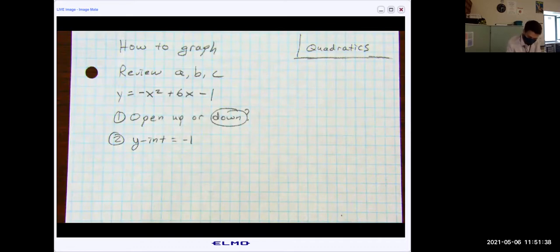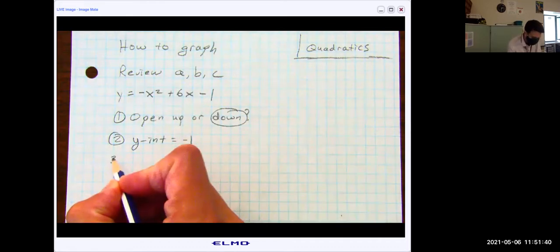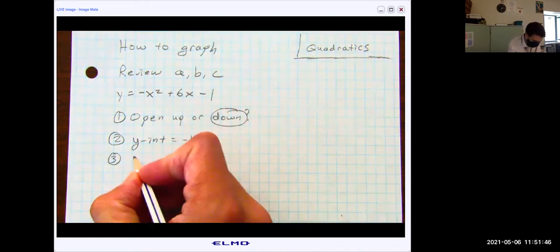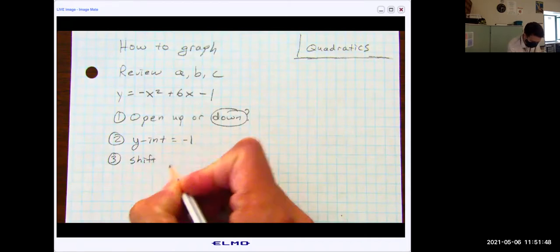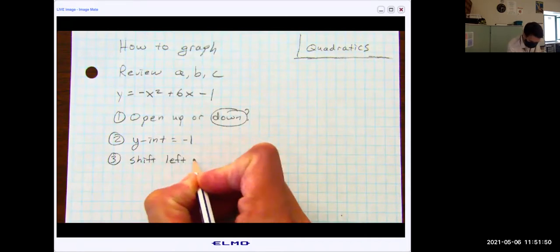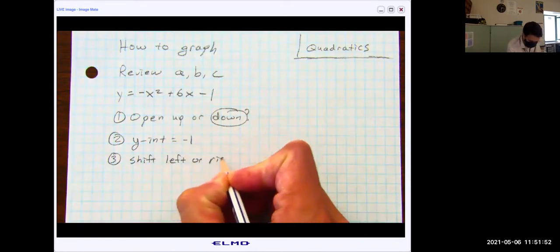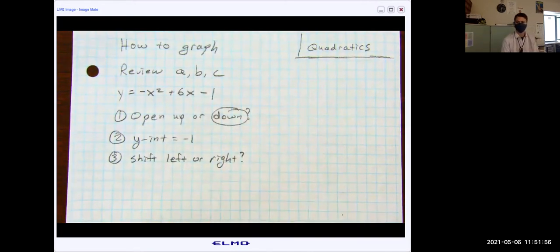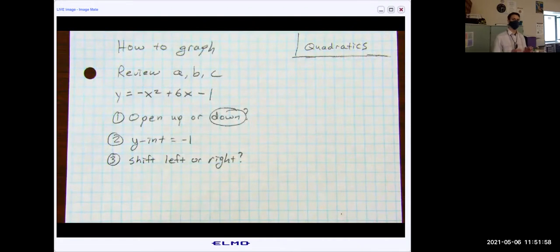The third thing you ask yourself is, did the parabola get shifted left or right, the vertex? So is there a shift left or right? And looking back at our notes, we could see that if A and B are both the same signs, then it would shift left.